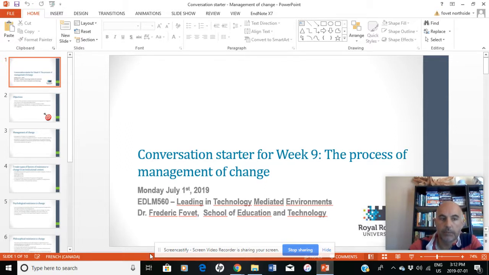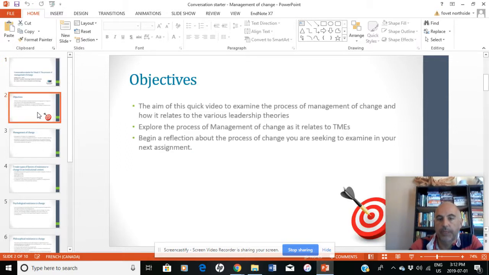So today we're going to look at the process management of change. I have 3 specific aims to have a quick look at the process of management of change. What I've done is I've summarized some of the essential points from the literature in a very wide overview so that you have a clear idea as you go into it. These are very generic things in a way, but that you need to be aware of.